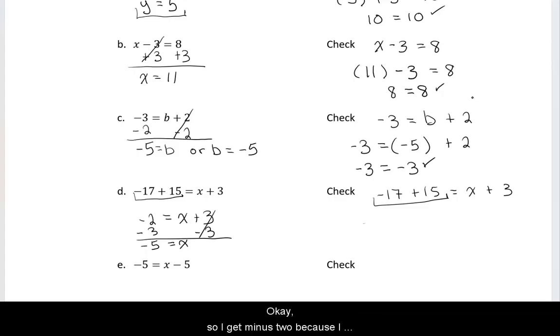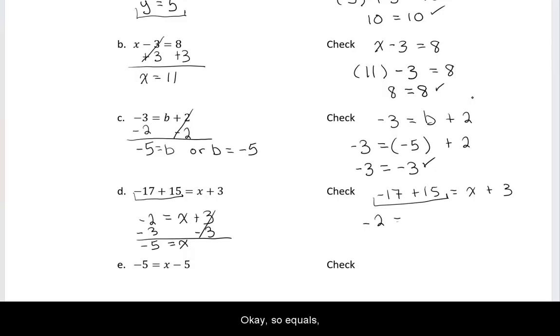Okay, so I get -2 because I have to get the left-hand side combined anyway, so it doesn't really matter when you do it, as long as it happens before you start working across the equal sign.